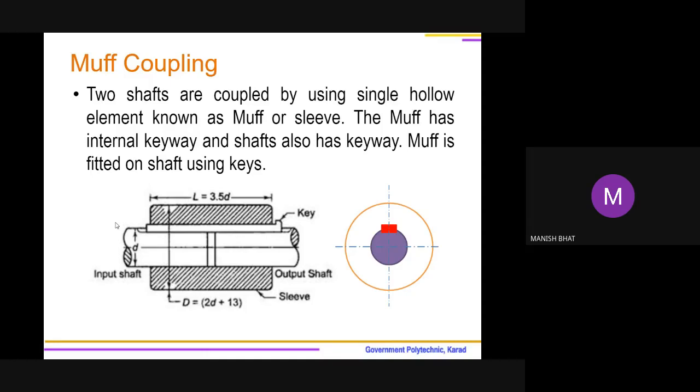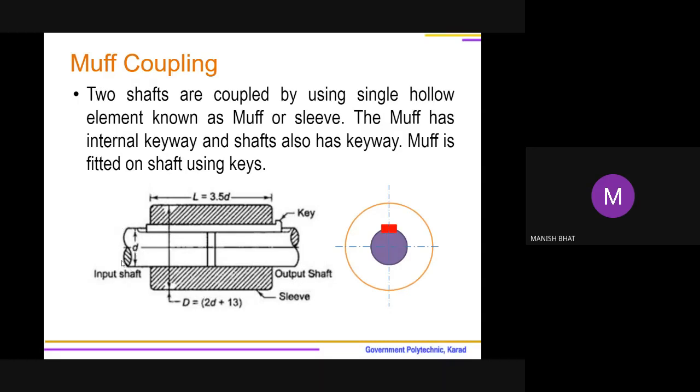Now what happens whenever input shaft rotates with some power? A shaft rotates as it transmits power. Key also will be transmitting power to this sleeve or say muff. Half muff is mounted on input shaft and remaining half is mounted on output shaft.